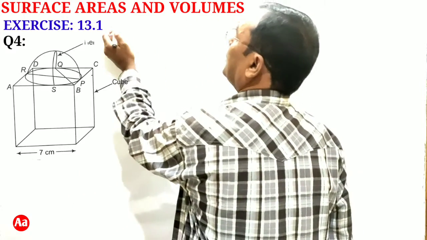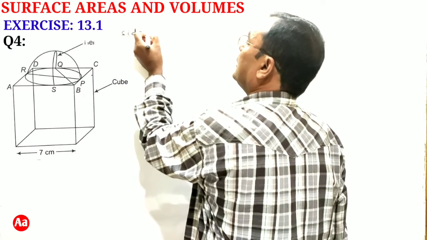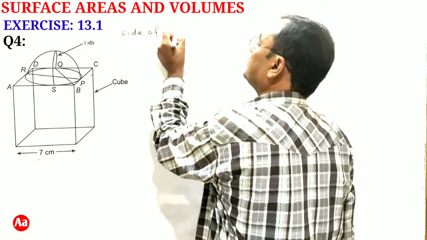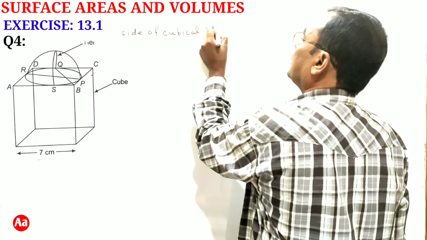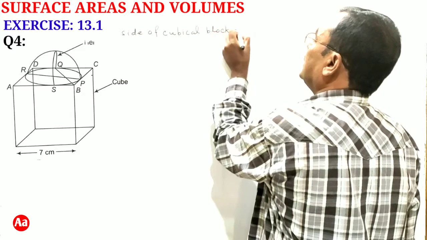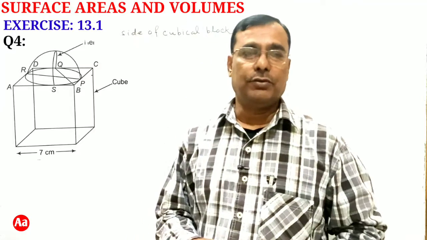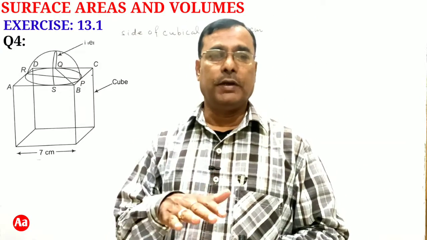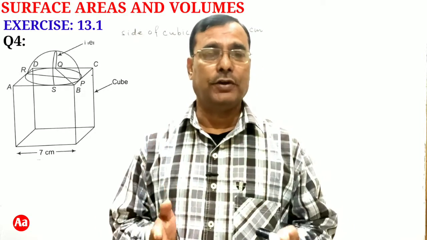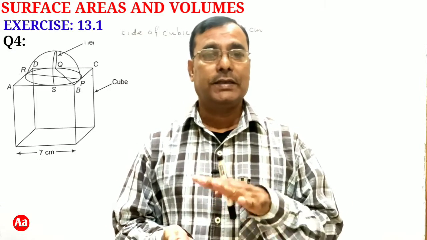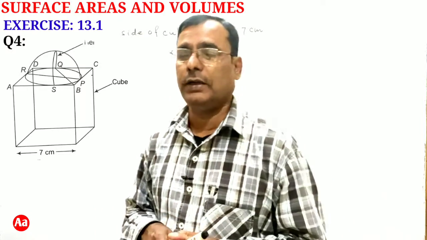So the side of the cubical block is given as 7 centimeter. As the hemisphere is surmounted on a face of the cubical block of side 7 centimeter, the greatest possible diameter for the hemisphere is going to be 7 centimeter, as it has to be on a face of the cubical block.